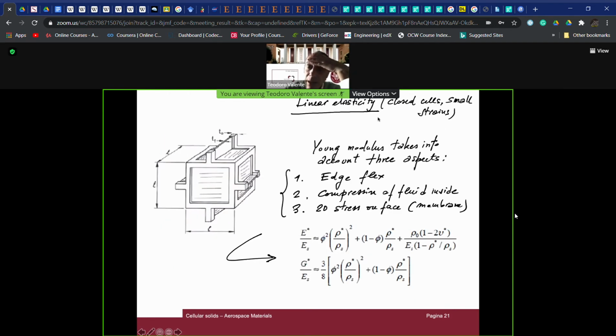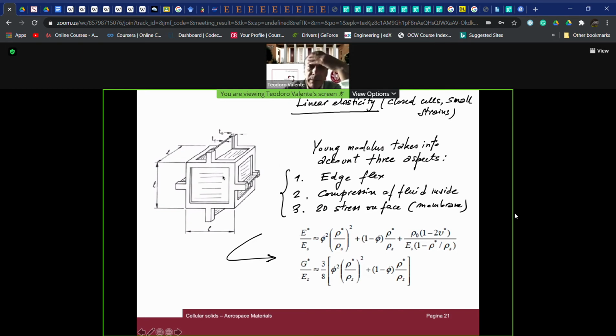What is going to happen if we move from the open cell case to the closed cell case? Always, if you want to have an idea of the linear elastic response, linear elastic behavior in case of small strains, which are synonymous of linear elasticity.